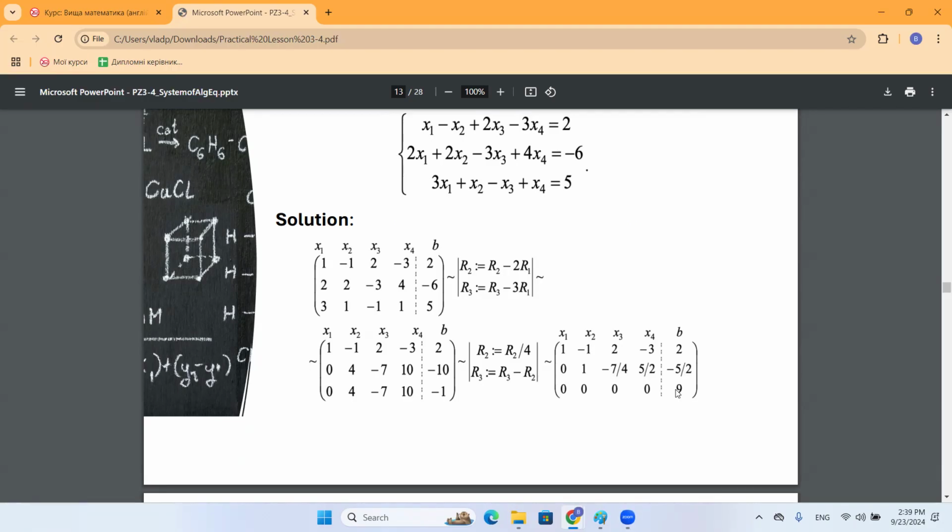It means that it has no solutions. So with using Gaussian method, you can simply verify it.